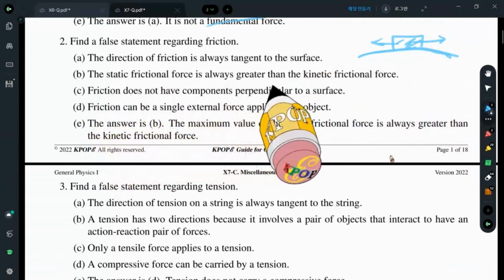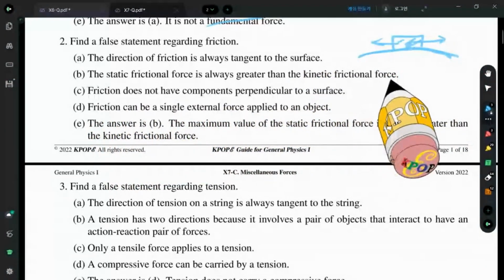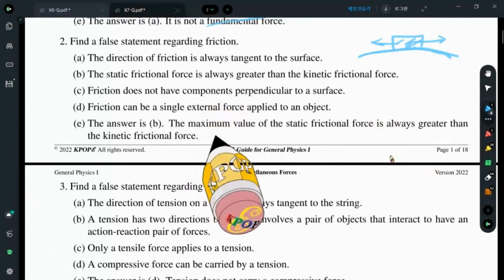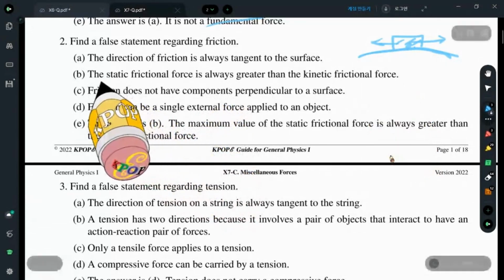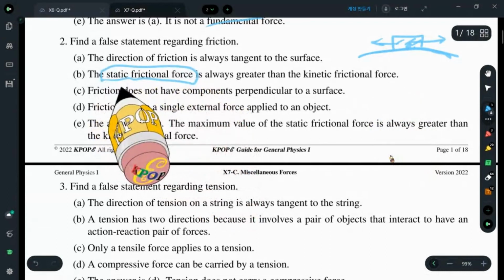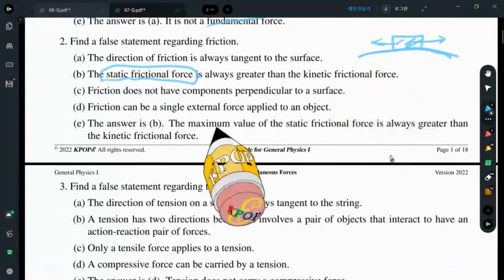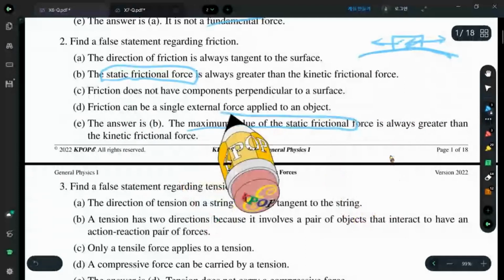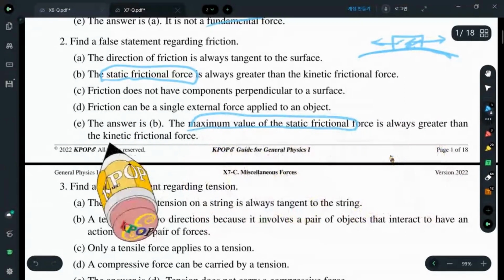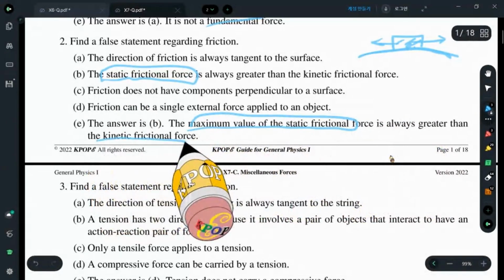Static friction is always greater than the kinetic frictional force. Not always true. The static frictional force varies. It depends on the applied force, and the maximum value of the static frictional force is greater than the kinetic frictional force.